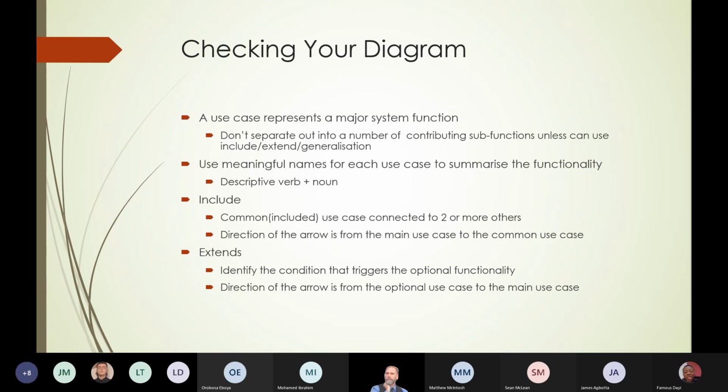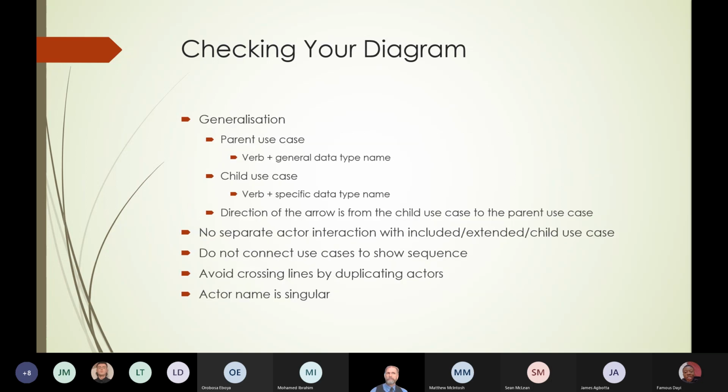Use a noun and a verb, make transaction, enter PIN. Think about the commonality, think about the includes, think about the extends, and think about how that works in terms of the system. Think about generalizing.